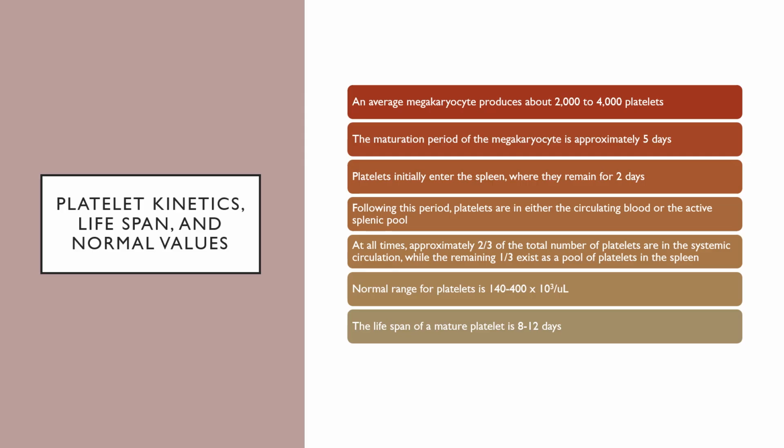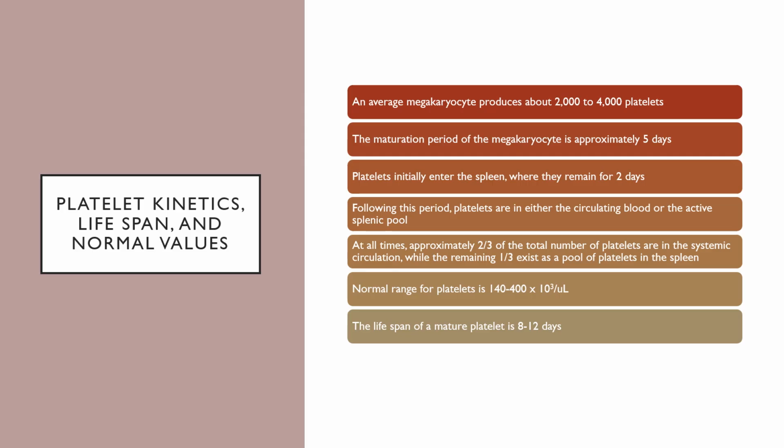Those are sequestered there in case of an urgent need, and if an increased need for platelets were to arise, they would be there waiting as backup. At all times, approximately 2/3 of the total number of platelets are in systemic circulation, and about 1/3 exist in that pool of platelets in the spleen waiting to be backup if needed.